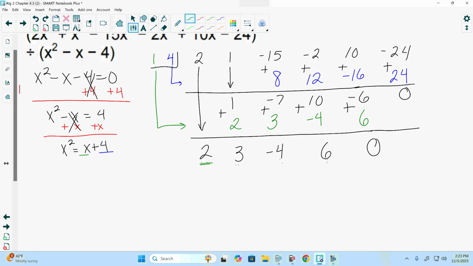Yes? Do I have any more numbers we can work with on the top? No. So we're done. Then we drop that down. Now the degree of what we're dividing by this time is 2. So the degree of the remainder has to be 1. So we're going to have 2 terms. Yes?